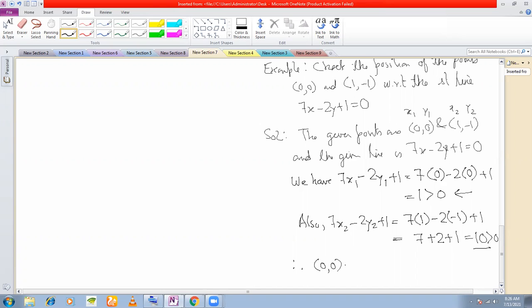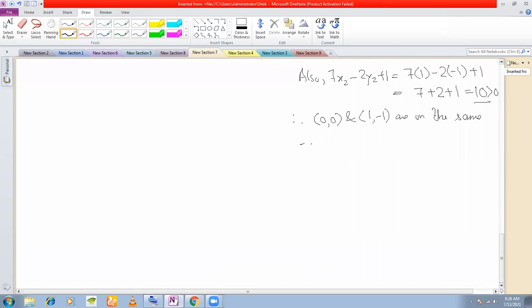They are on the same side of the line 7x minus 2y plus 1 equal to 0. Okay, so I hope this is clear.